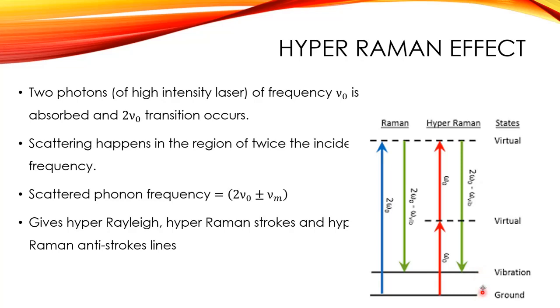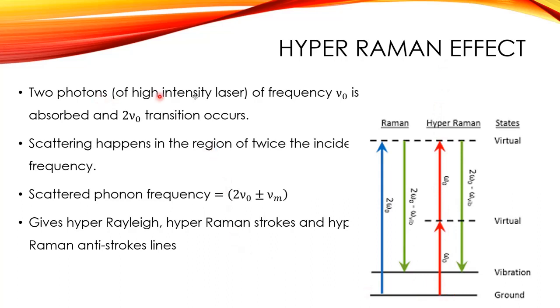So here we observe another radiation, a non-coherent radiation, which is emitted. Earlier it should be a frequency of omega 0 plus or minus omega m, but here the frequency we observe is 2 omega 0 plus or minus omega m. And this is caused because of the high density of photons which is available from the high intensity laser.